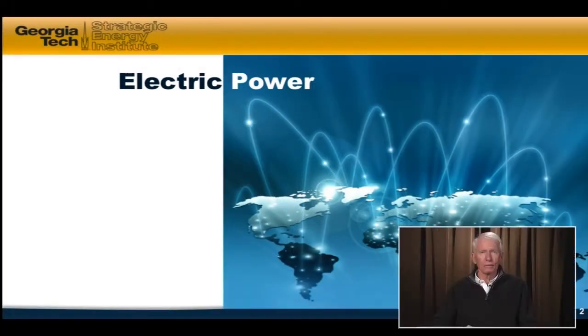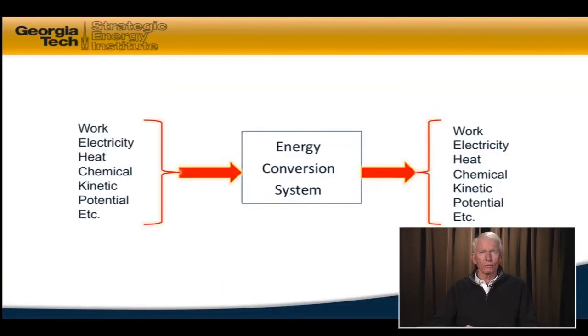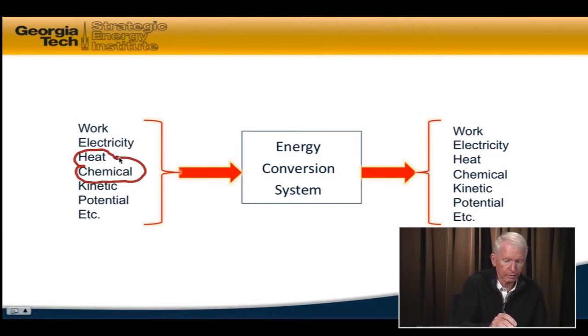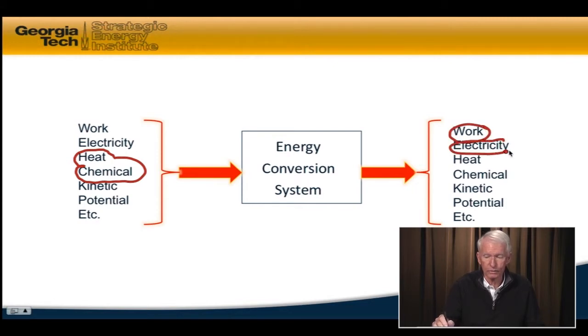Hello, back to Energy 101, and today we're talking about electric power, part of the energy conversion process. Specifically, we're looking at electric power, which takes heat, where the chemical energy gets converted to heat, and we convert it at first to work with a shaft that then turns an electric generator.